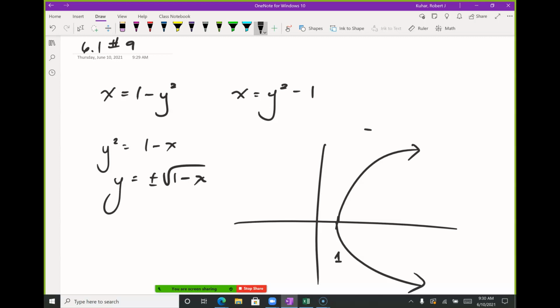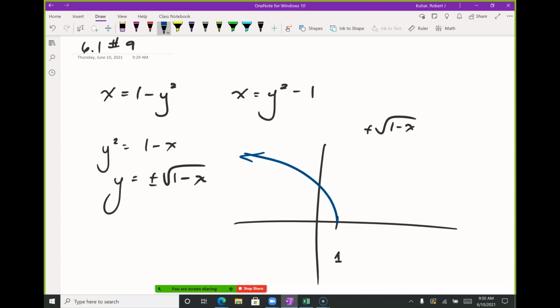So this is the positive square root of 1 minus x. Oh, I'm sorry. I'm drawing it the wrong way, aren't I? I need a domain of everything less than 1, right? Yeah. So there's the positive, here's the negative square root of 1 minus x. So those I could graph easily on my TI-83.